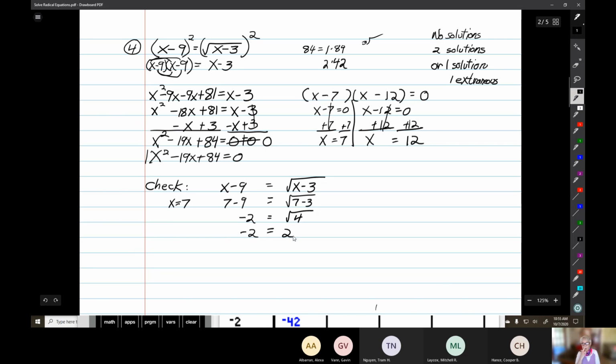So negative 2 equals 2. That's false. So that means 7 doesn't work. It does not automatically mean that 12 does work. 12 might not work also.